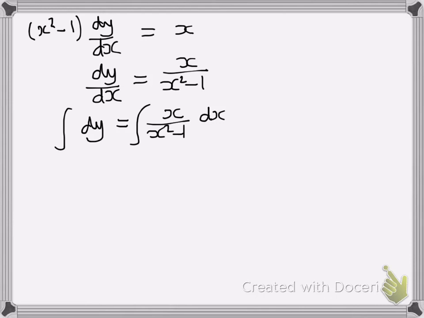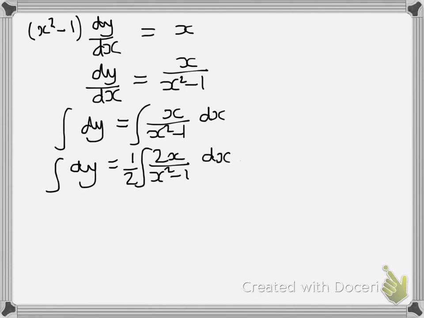On the right hand side, the derivative of x squared minus 1 in our denominator is 2x. So if we play around with the right hand side, I can say a half times the integral of 2x over x squared minus 1 with respect to x. And integrating this will give me y equals a half ln of x squared minus 1 plus some constant c.